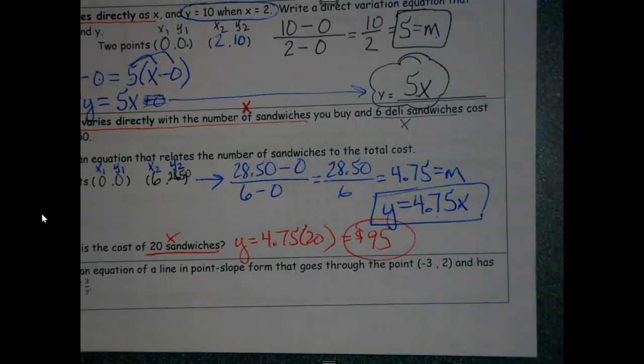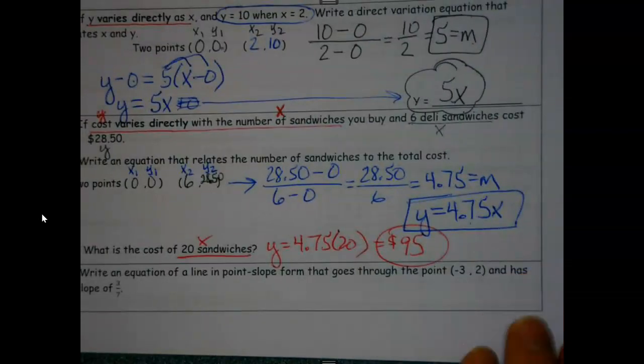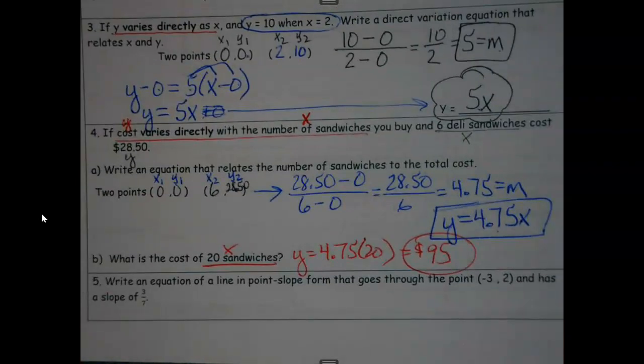But so far on what we've seen on this review, every single thing has had an example to work directly off of on your notes. So we kind of keep looking and we're like, okay, let's see here. Write an equation of a line in point slope form that goes through here and has this. Okay.